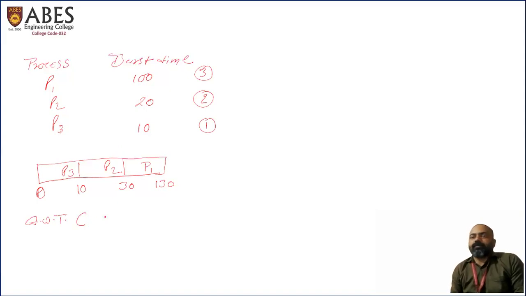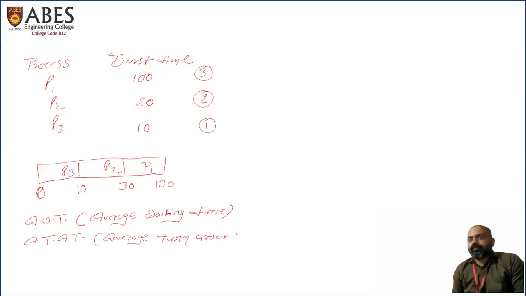AWT is average waiting time, and ATAT is average turnaround time. Okay.